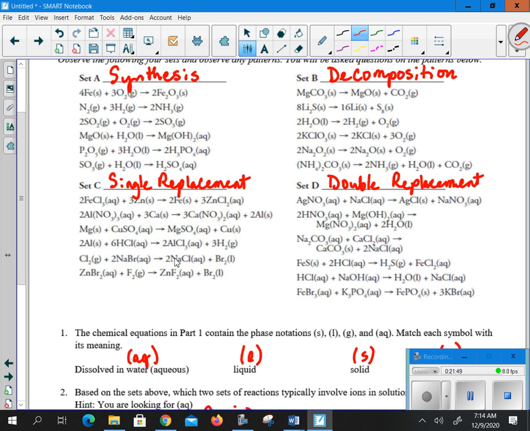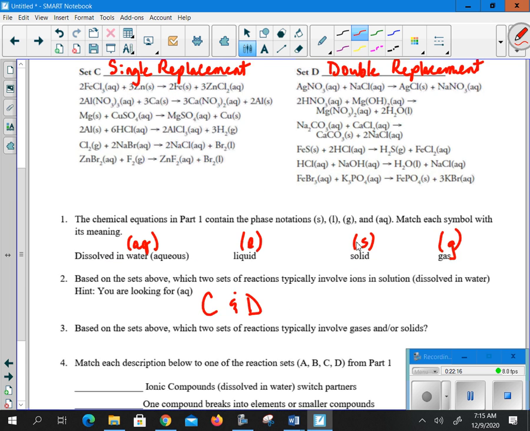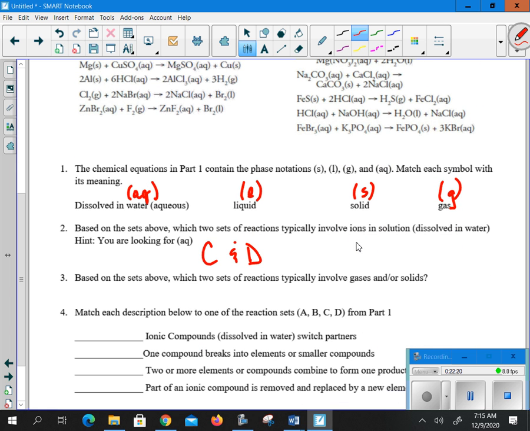The ones without solids have gases, it looks like. In double replacement, we don't always have a solid, that's a bad word to use. There's a solid there, but that one is just a liquid. So the double replacement doesn't always have a solid and or a gas. So again, which two sets typically involve gases and or solids? I would say synthesis and decomposition, so A and B.